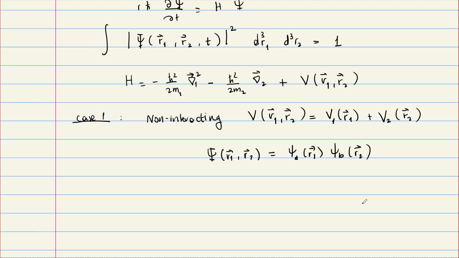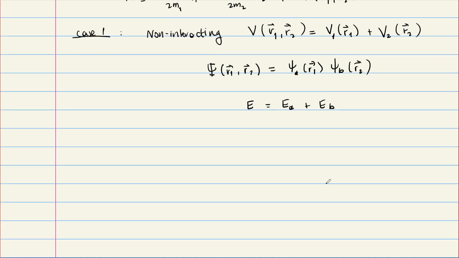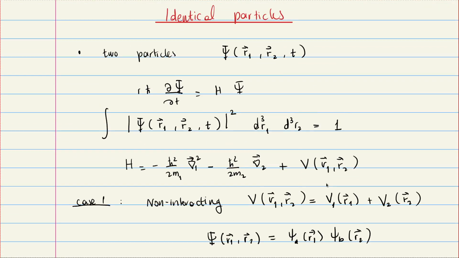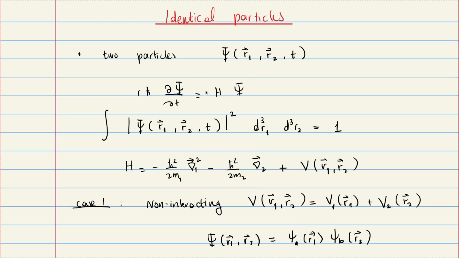And if we do exactly what we did for the separation of variables, I can also say total energy is energy of the first particle A plus energy of the second particle B. Right? I just plug this in the Schrödinger equation, which has this Hamiltonian.